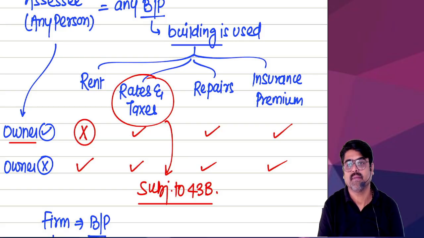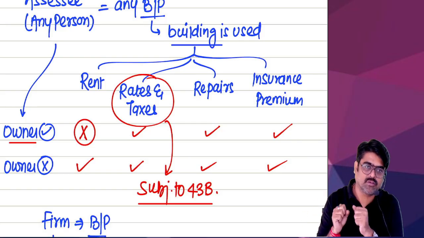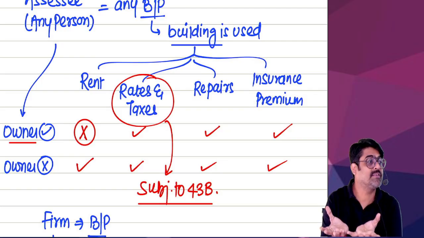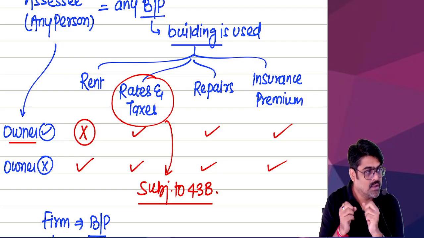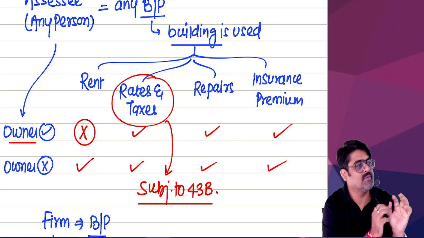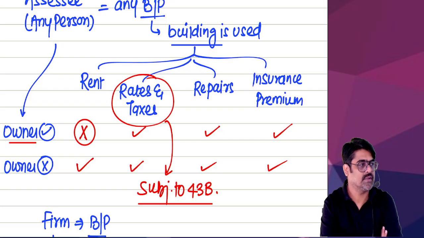Now tell me. I am not the owner of the premises, but I have taken a premises on rent, a building on rent. And I am using that building for my business or profession. Can I do that? And on that premises, I am incurring capital repairs.